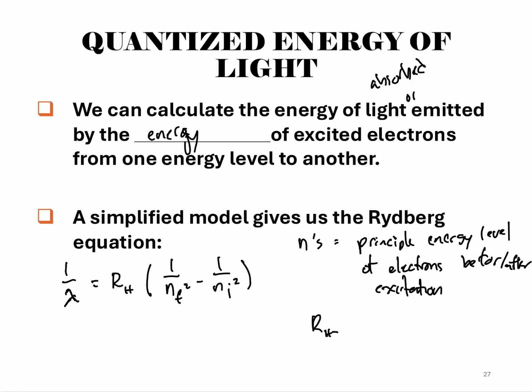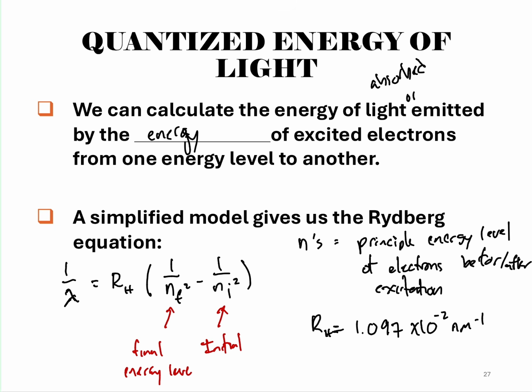The Rydberg constant is a fundamental constant related to other things in the atomic structure, and its value is 1.097 times 10 to the minus 2 inverse nanometers. Right, and so we have 1 over the wavelength, so we should have inverse units of length here. And so each of these, n_f, this was the final energy level, and n_i is the initial energy level.